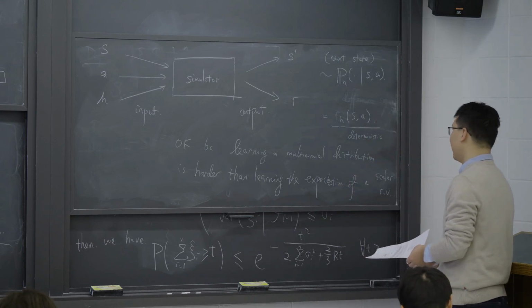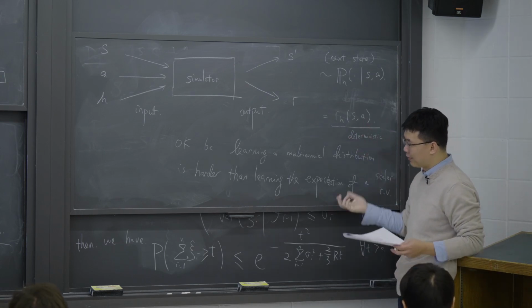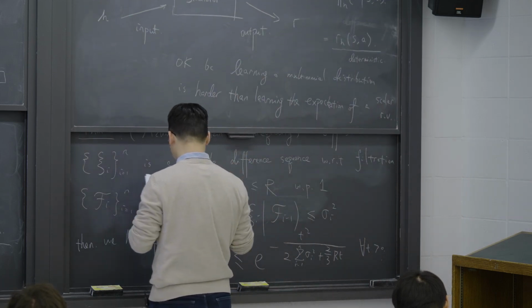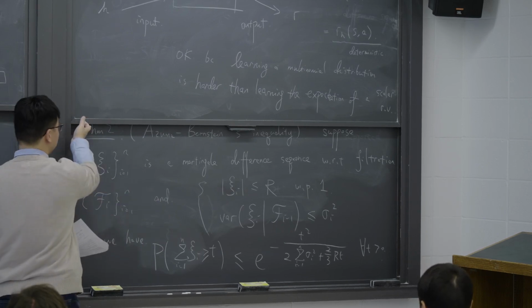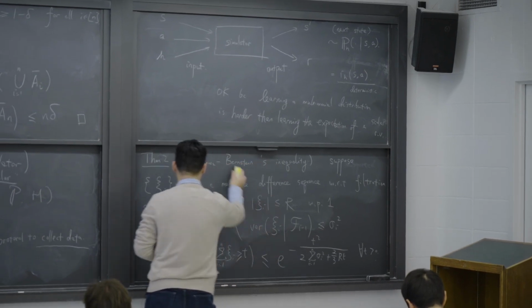So although we assume it's deterministic, if you make it random, all the proofs will easily translate with very little modification. For simplicity, we just assume the reward is deterministic, and the only randomness is through the next state generation.